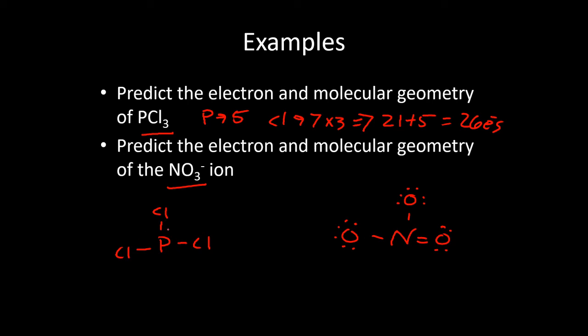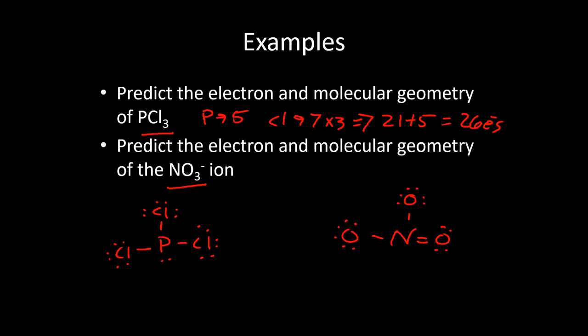We already have 6 in the bonds here, so if we pick a chlorine and start putting them in, 8, 10, 12, 14, 16, 18, 20, 22, 24. The last 2 are going to go on that phosphorus. If we check, everything that wants an octet has one, and so we are good to go to work out the VSEPR structures here.